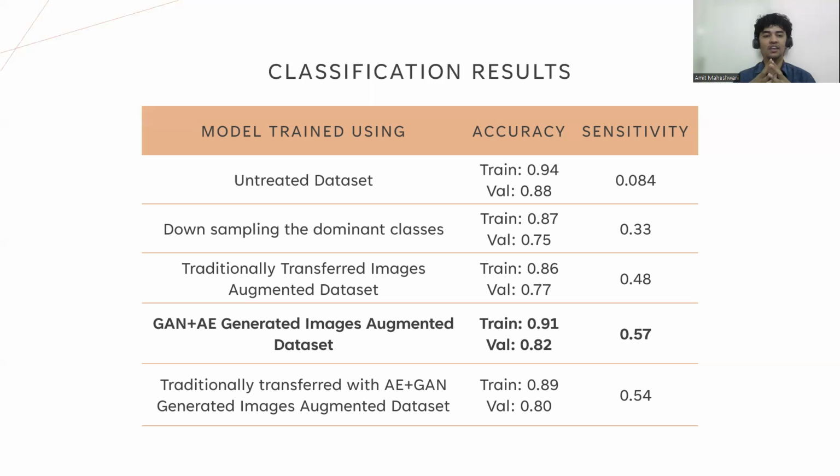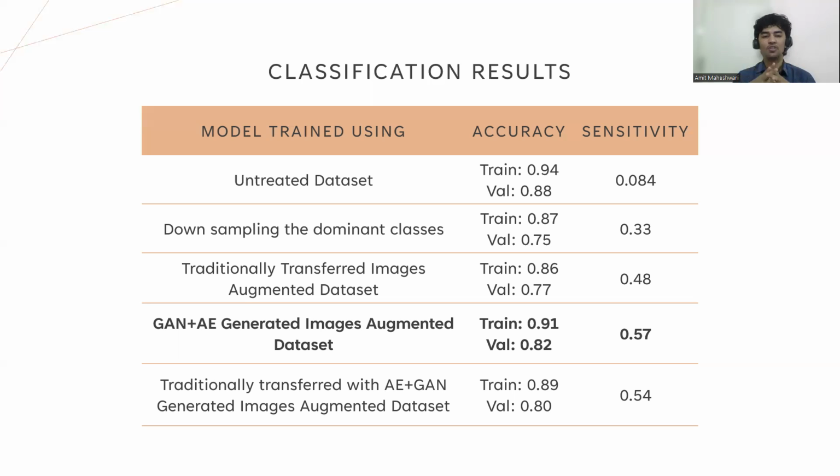We know that it does produce diverse enough output, and using that, as shown in bold in the table, we could achieve a really good accuracy, as well as a sensitivity of 57%. So if you compare 0.33 to 0.57, this is a better number, right?